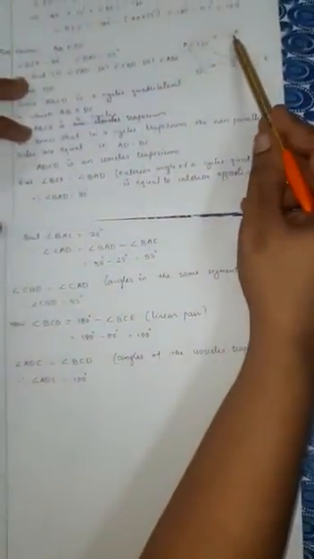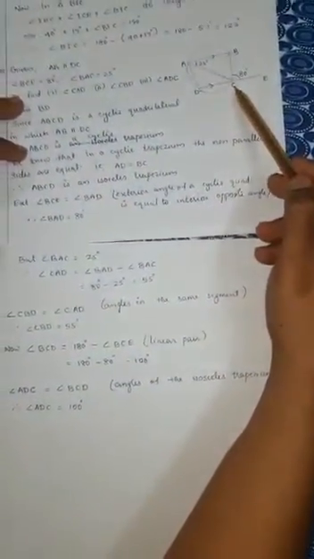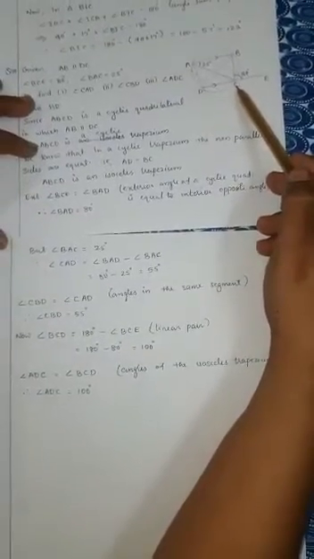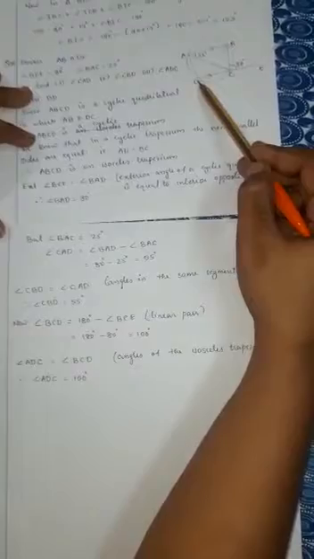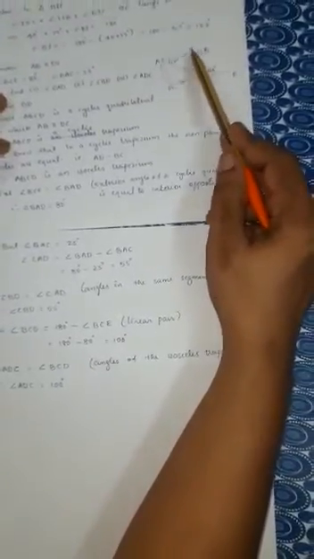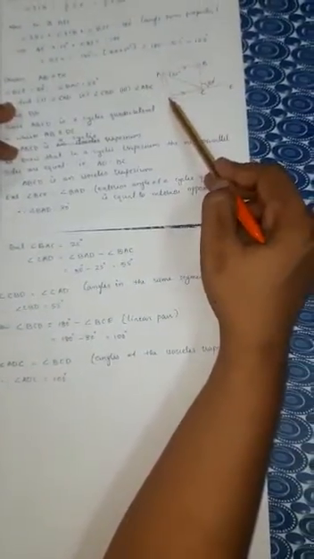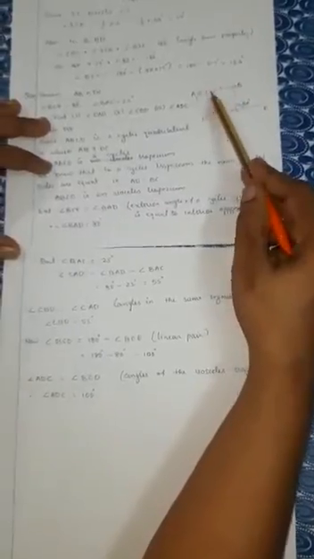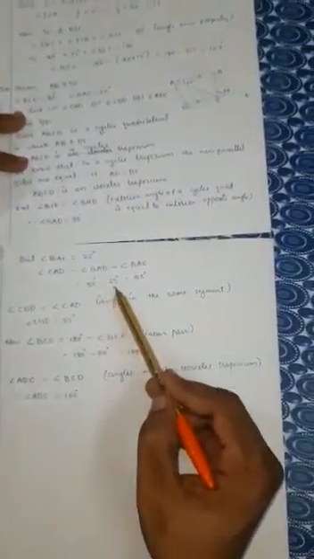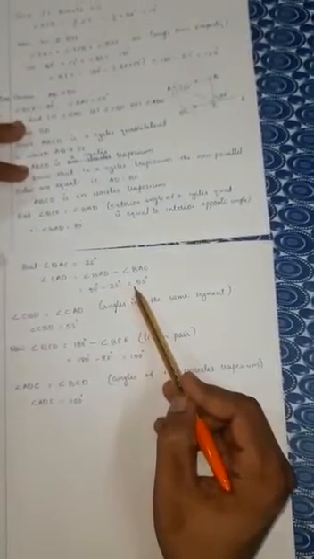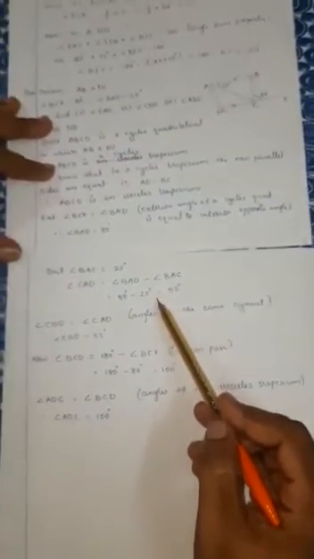But angle BAC equal to 25 degree. Therefore, angle CAD is equal to angle BAD minus angle BAC equal to 80 degree minus 25 degree equal to 55 degree.